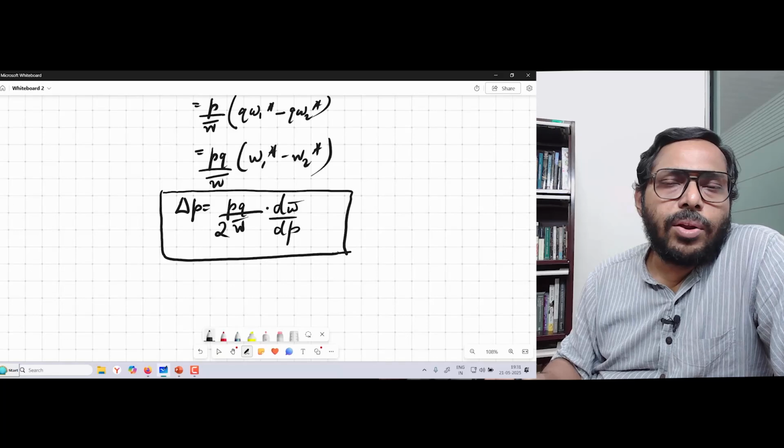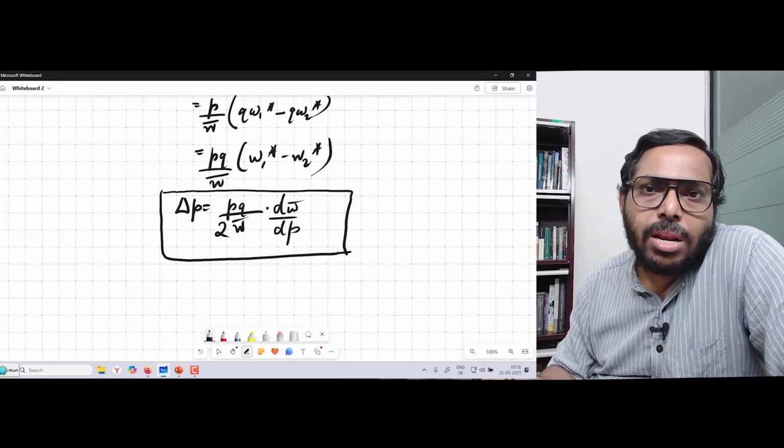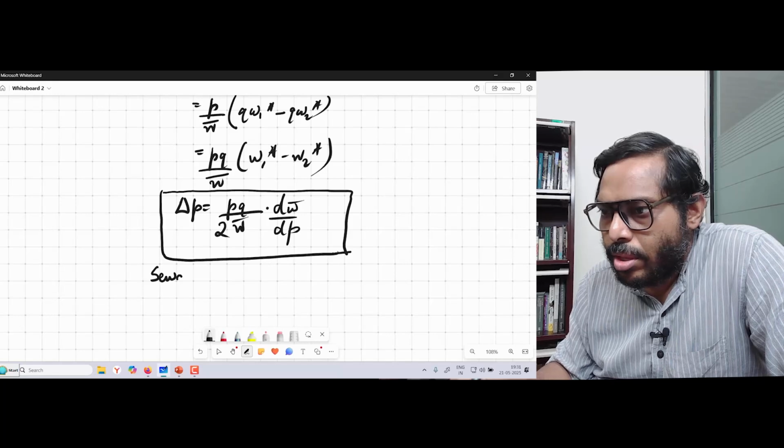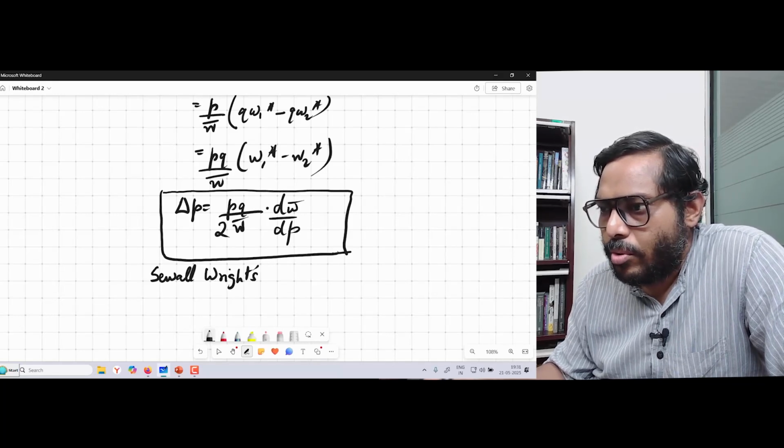This is one of the most famous equations in evolutionary biology, known as Sewall Wright's equation for fitness landscape.